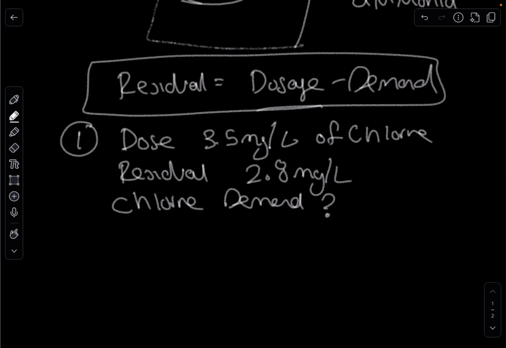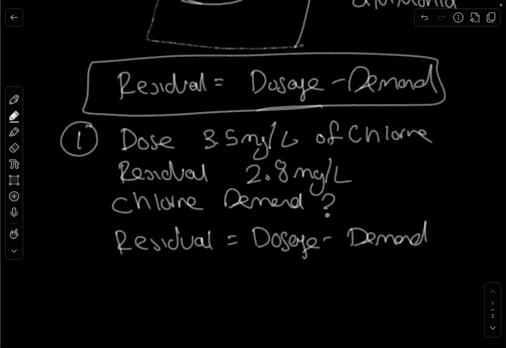So we know that the formula is residual is equal to dosage minus demand. And right now we want to know what is our demand.